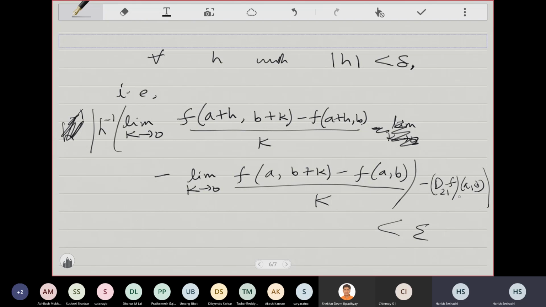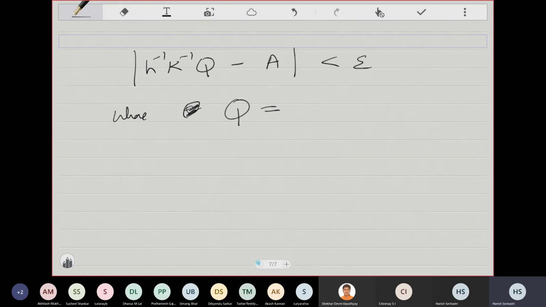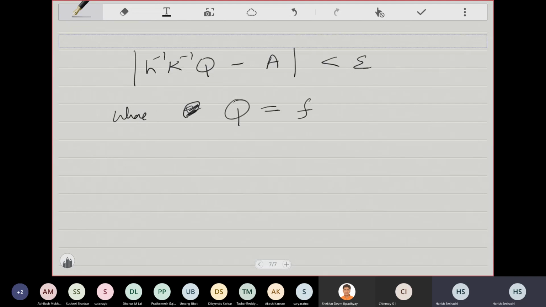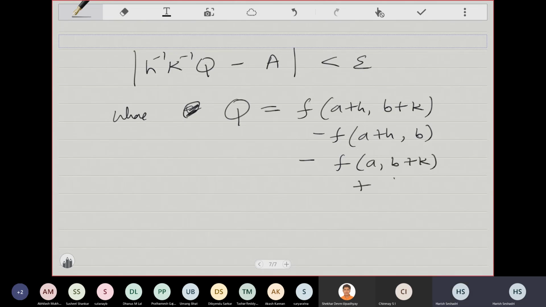So I'll write it as modulus of h inverse k inverse Q minus A less than epsilon, where Q is just, I combine the numerators of these two expressions: f(a+h, b+k) minus f(a+h, b) minus f(a, b+k) plus f(a,b).